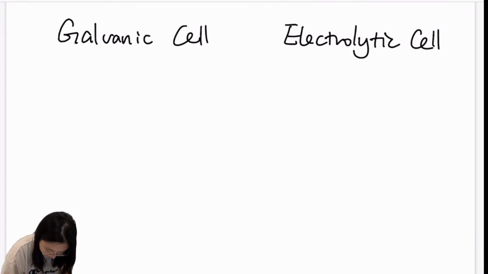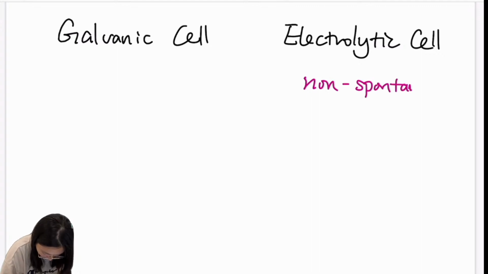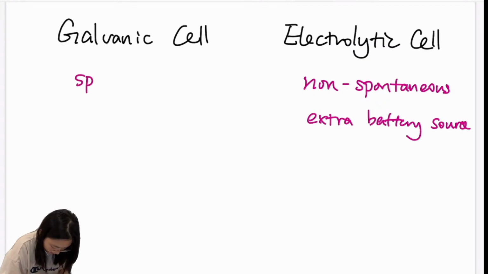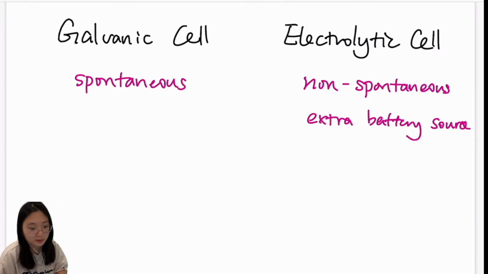So the electrolytic cell is a non-spontaneous reaction, so we need an extra battery source. And the galvanic cell is spontaneous, so it just occurs naturally.